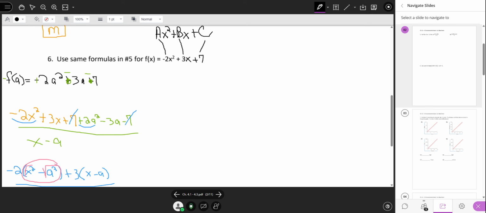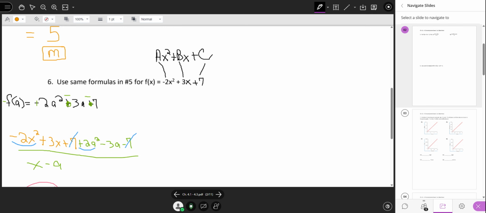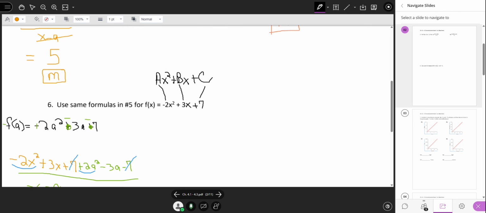Now, the hard part. The hard part is part B. All right? F of x plus h. Negative 2.